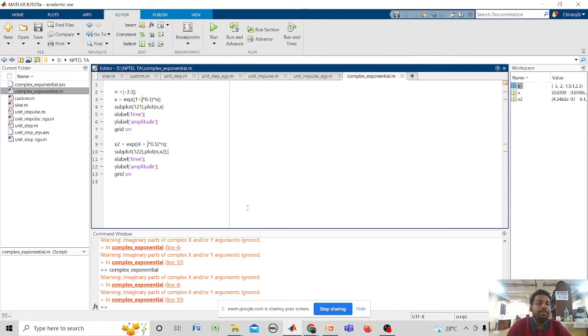See, we can actually plot our own function in MATLAB. MATLAB has given a wide range of functions and applications, and many things can be done in MATLAB. We can write our own custom function and do various processing. So this we have looked into, complex exponential.